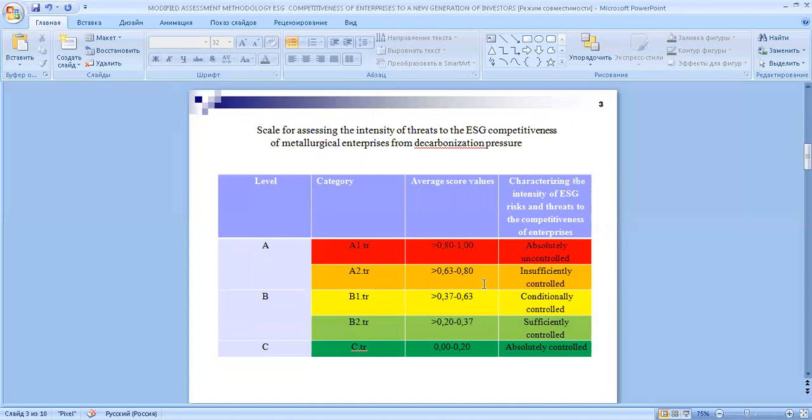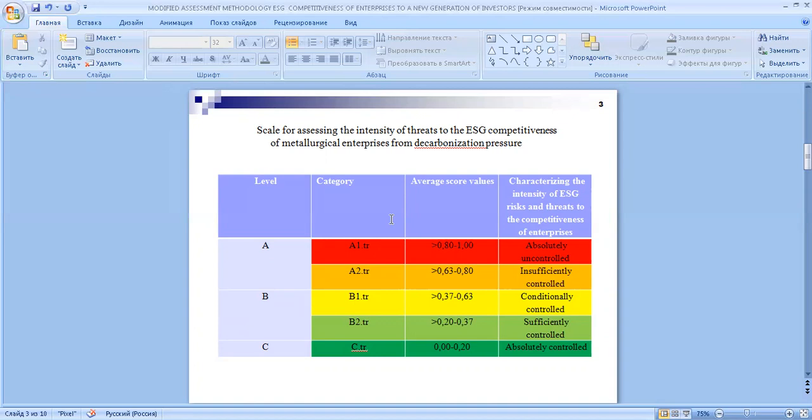The frequency of reviewing the limits of optimality of ESG competitiveness and the thresholds of the 3 indicators should be specified in the standards for assessing and rating the ESG competitiveness of enterprises.